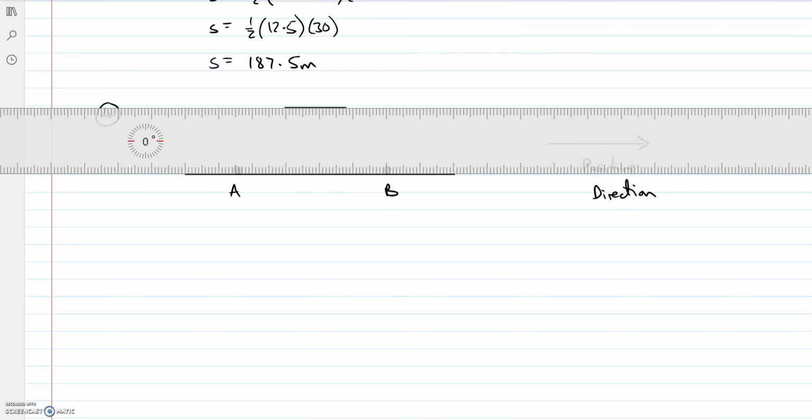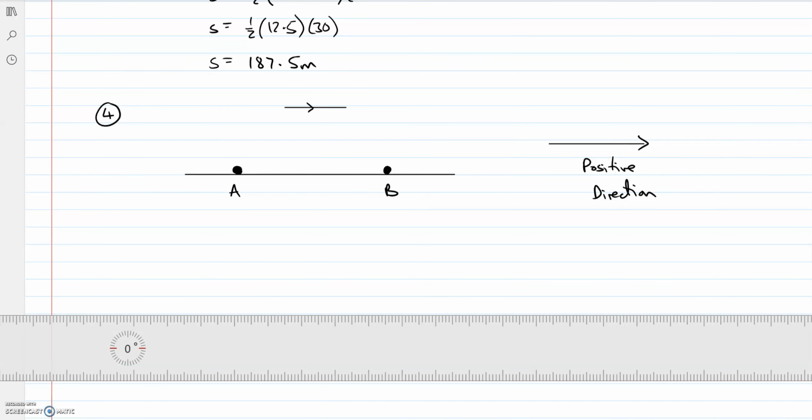So acceleration is positive, we're going this way. 5 meters per second to the minus 2. The velocity of the particle at A is 3 meters per second, so our initial velocity is 3 meters per second. And the velocity at B is 18, so in the same direction, v is 18 meters per second.